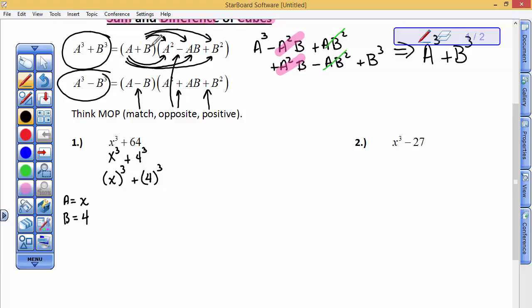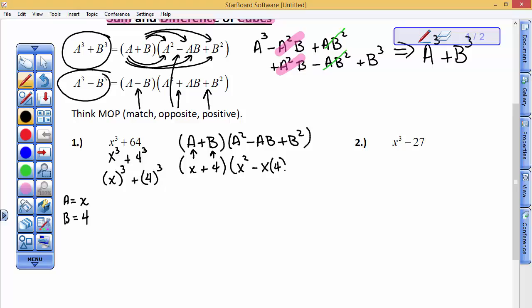So anywhere I see a and b here, I'm going to plug in an x and a 4 into this memorized formula, a plus b times a squared minus ab plus b squared. So I'm going to plug in an x and then a 4 for b, an x again for a, and then an x times a 4 for a and b, plus a b value, which is 4, squared.